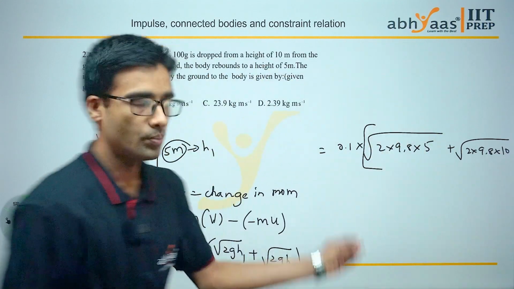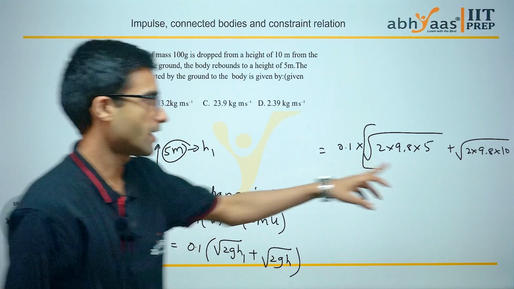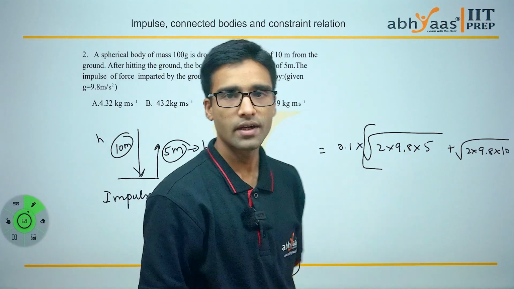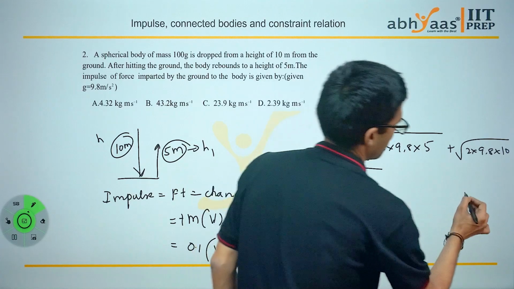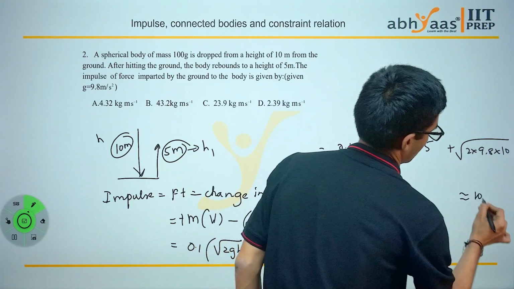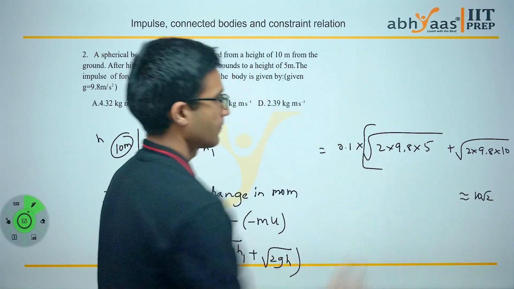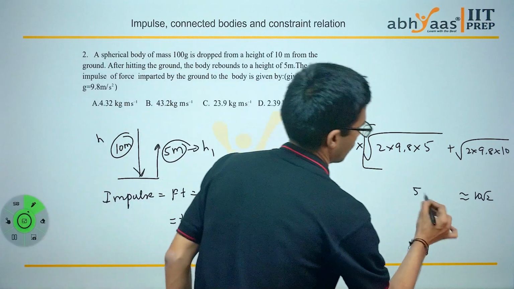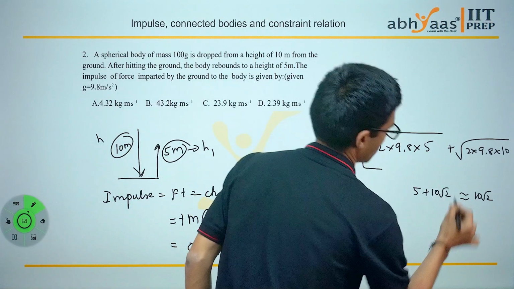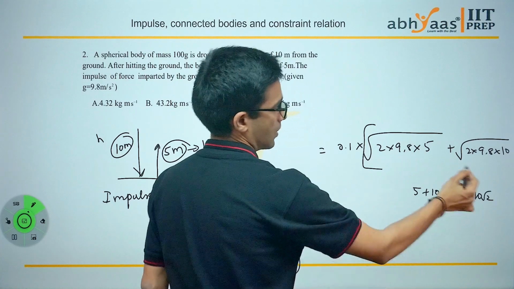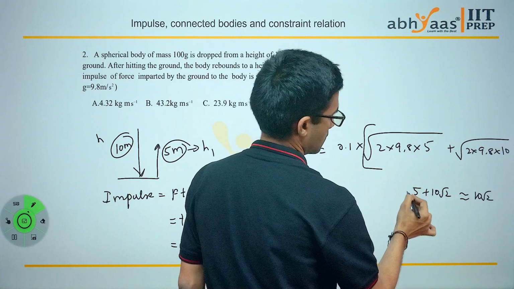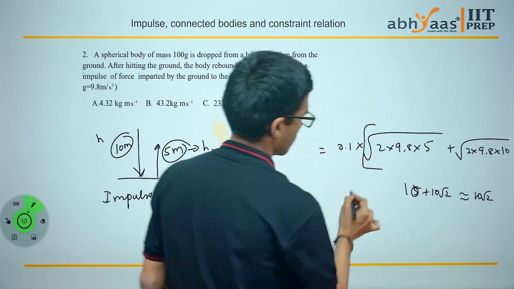Okay, so simply you can get the answer. See, I'll tell you, 20 into 10, how much? 200. But root 100 is 10, so simply it's almost equal to 10 root 2. So here 2 5s 10, this will be 5. Okay, 5 plus 10 root 2. Okay, root 100. Here 2 5s 10, 10s 100, so this is 10 root 2.